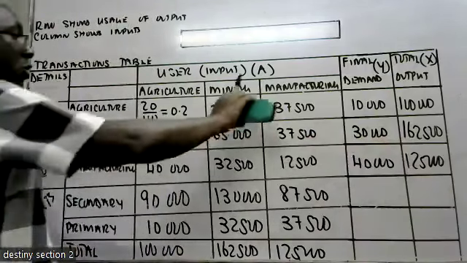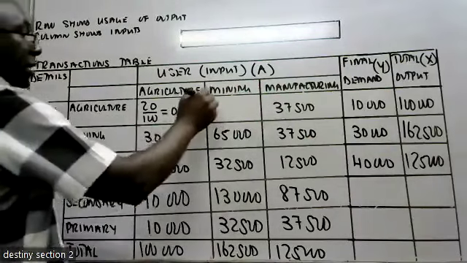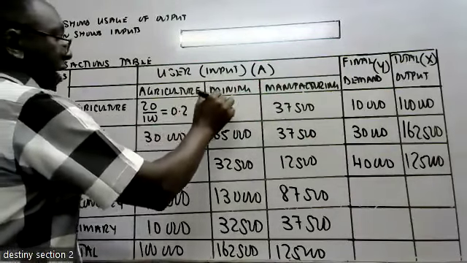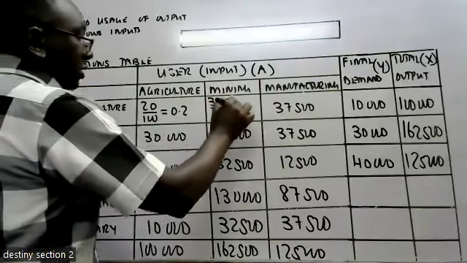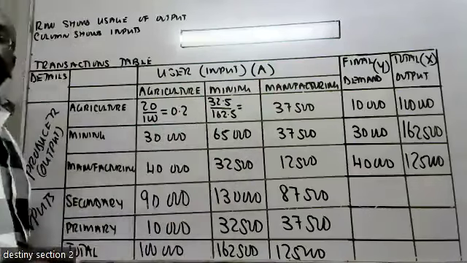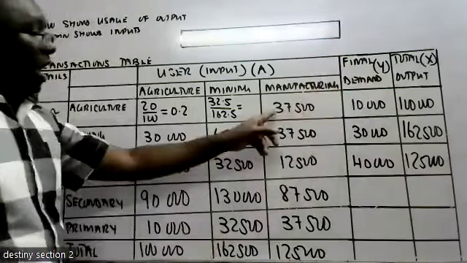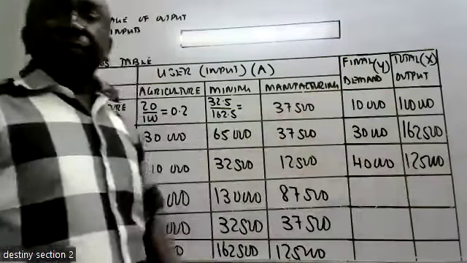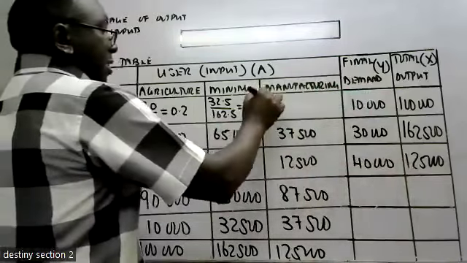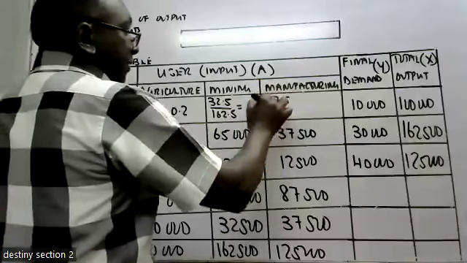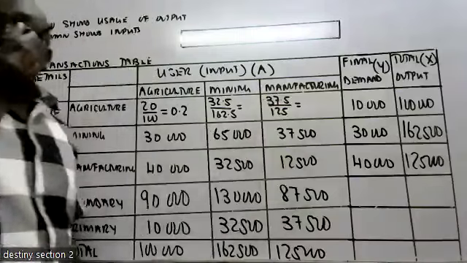So if you want to know for one, it will be 2.5, you divide by 162.5. The same here, it is required so that we make this one. See, then it will be 37,500, 37.5, I divide by what? 125.